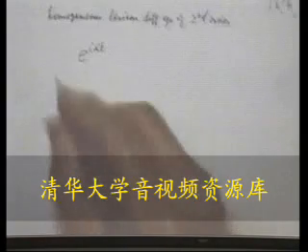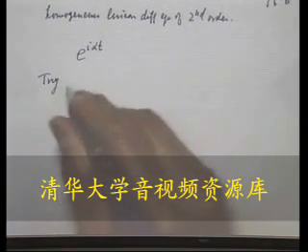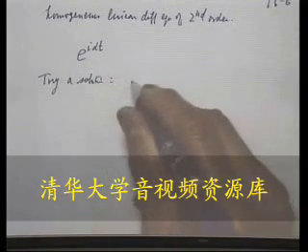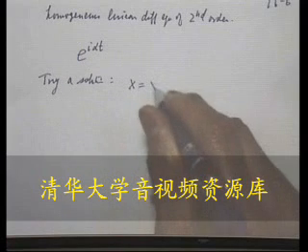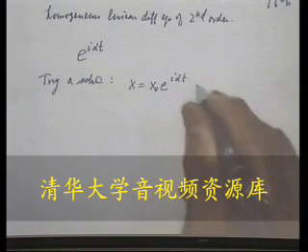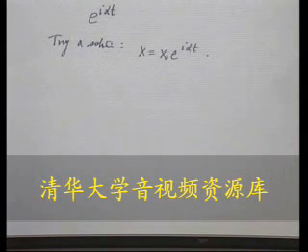So we try a solution. We try x is equal to x0 times exponential i alpha t. How do I know I should try this? Because when I differentiate, I get the same thing back.